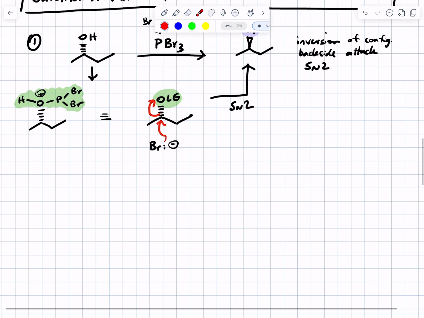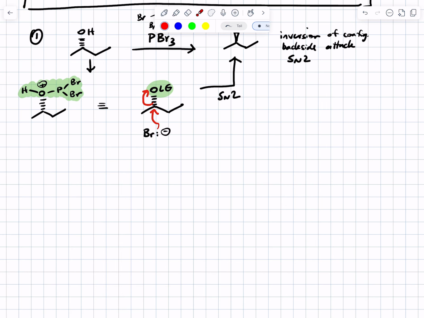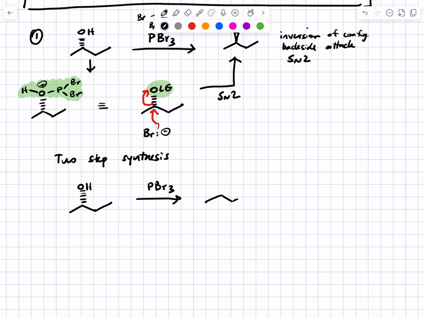Okay, now this allows you to do a two-step synthesis. For example, if you wanted to replace the OH with something else besides a bromide, you can now. You can take the alcohol, you can use PBr3 to get the corresponding bromide with inversion of configuration, and then you can do whatever SN2 or E2, or even if you're crazy, SN1 or E1 reactions that you normally have done with alkyl halides.